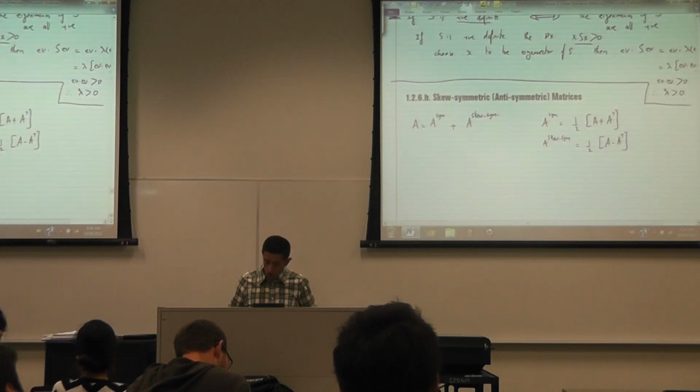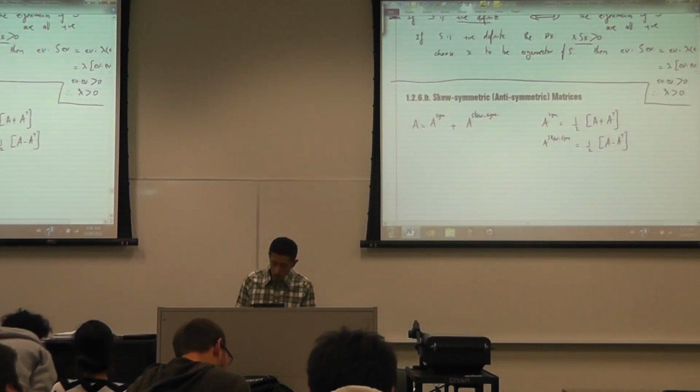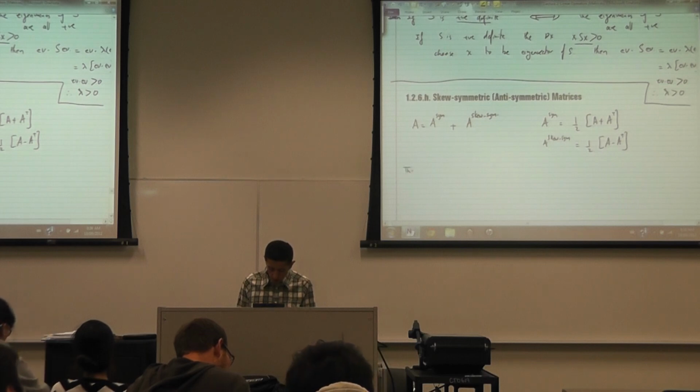So, the definition of a skew symmetric matrix is as follows.